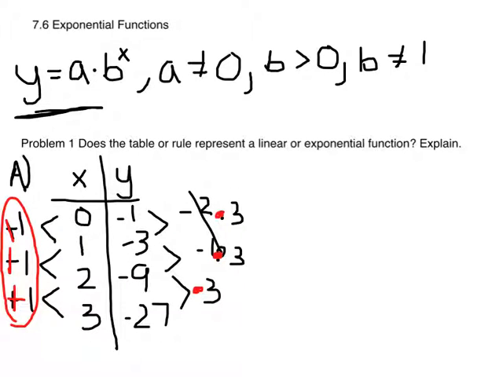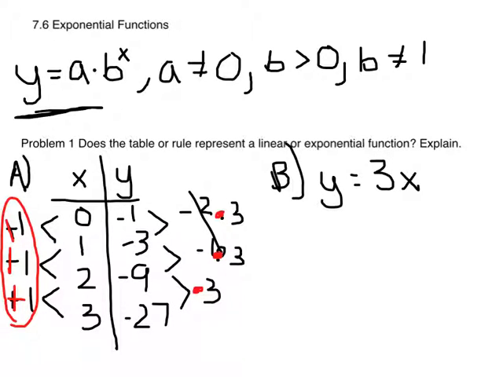Alright? For b, we're given a rule instead of a table. The rule we are given for b is that y equals 3x. So the first thing I look for in this case is, is x an exponent? And it's not. This is just y equals 3 times x, not 3 to the x power.